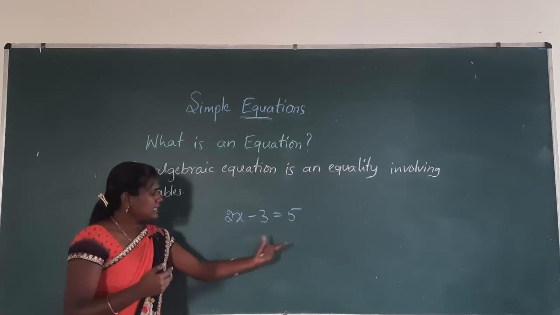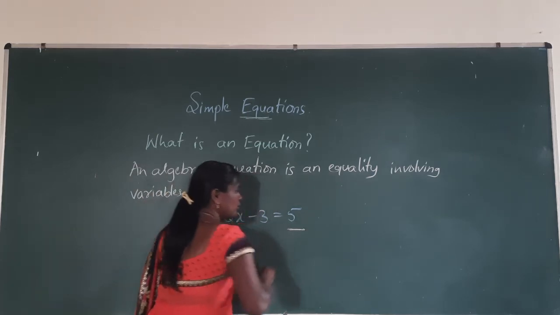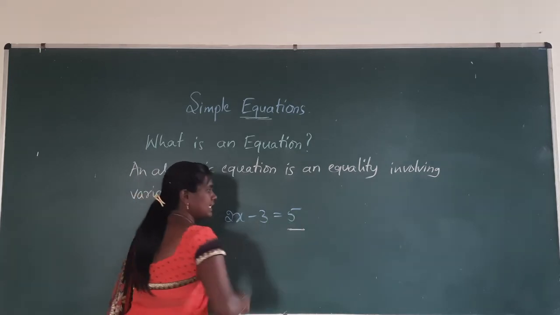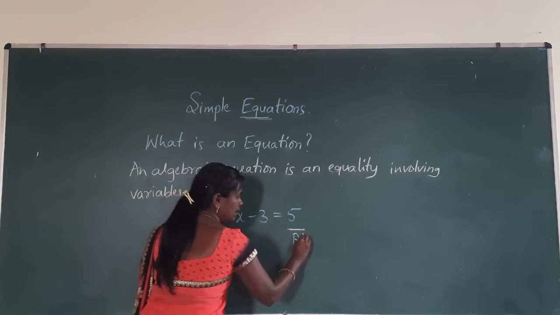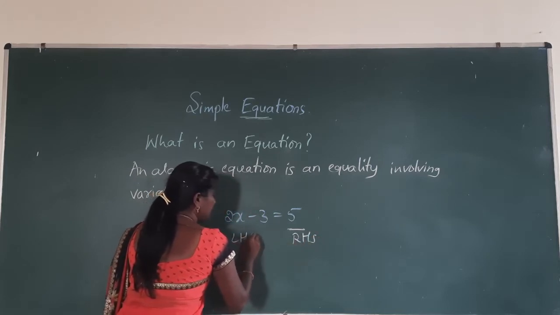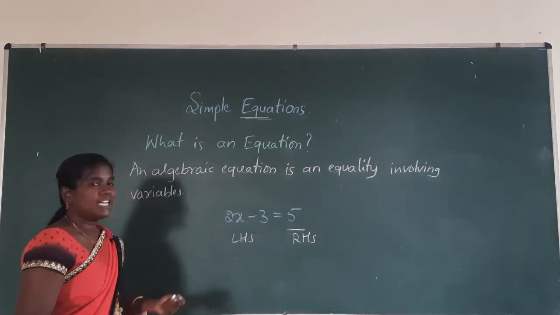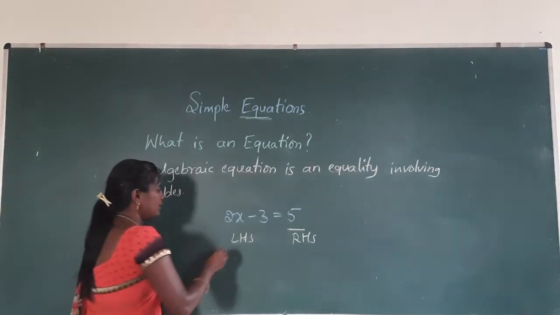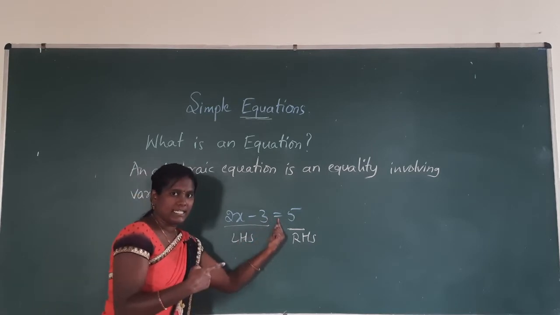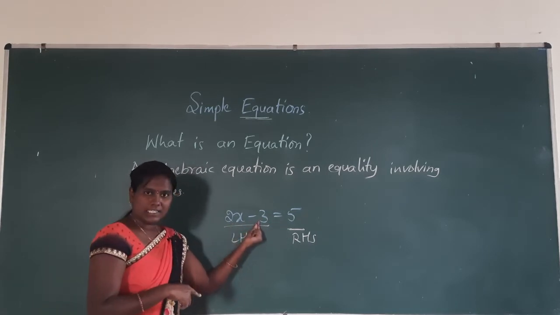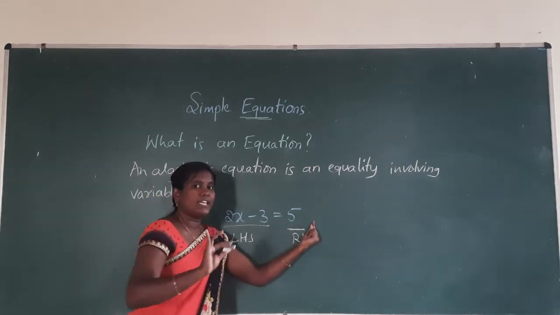Okay, in this equation, if you observe, the equal sign has two sides. One is RHS and the other is LHS. On the right side it is RHS and on the left side it is LHS. On the left side of the equal sign, 2x minus 3 is there, and on the right side of the equal sign, 5 is there.